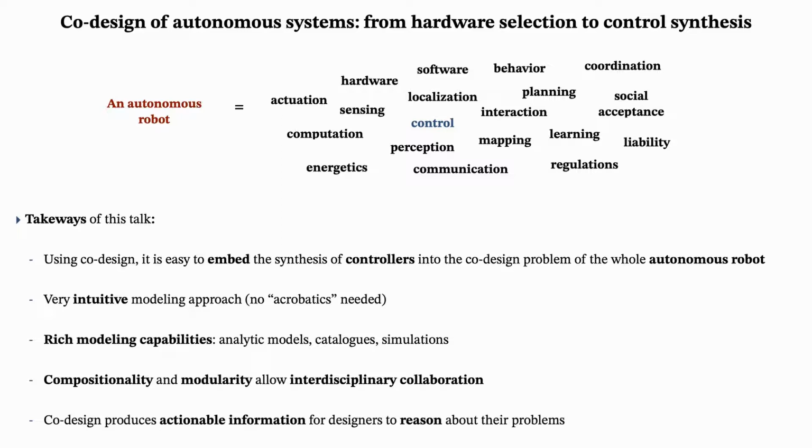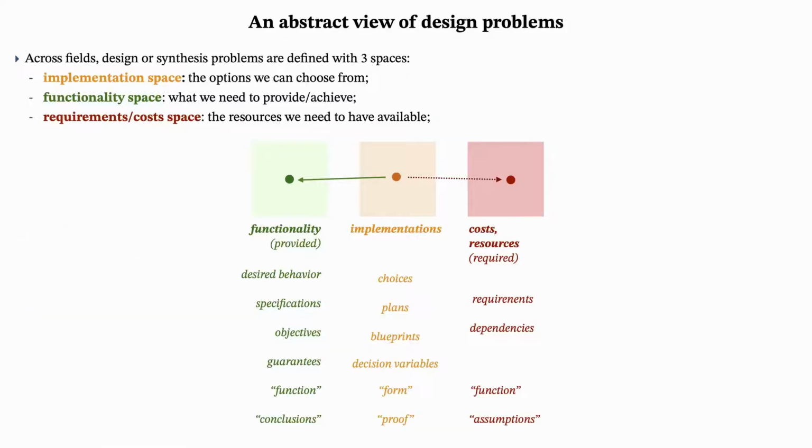The proposed approach is very intuitive and allows for rich modeling capabilities, including analytic models, catalogs, and simulations. Furthermore, the compositionality and modularity of the framework allow interdisciplinary collaboration and provide actionable information for designers to reason about their problems. The proposed approach is based on a monotone theory of co-design, which defines a design problem through three spaces.